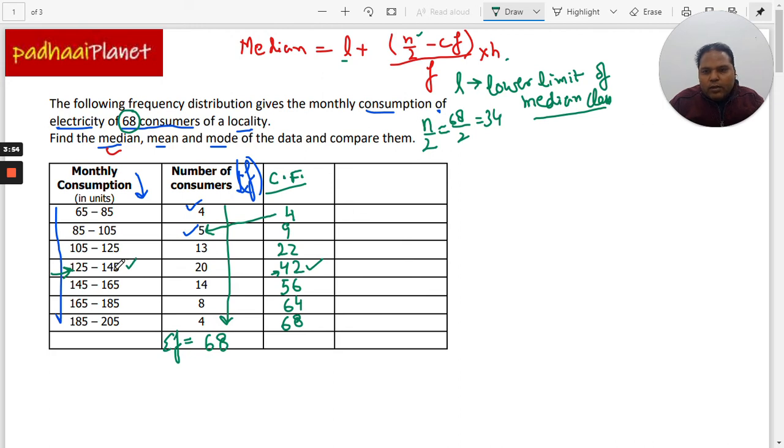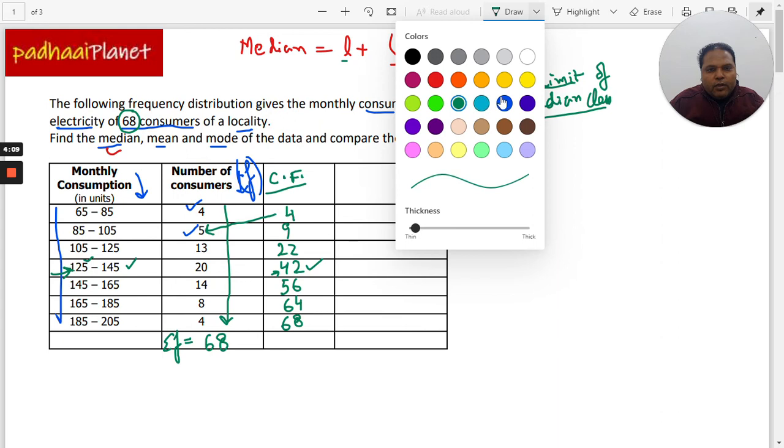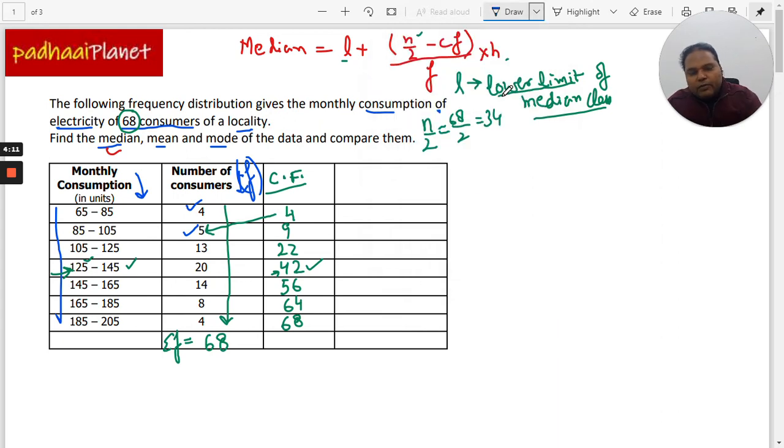Now we need to understand the lower limit of the median class. That means 125 is the value of L. If I start putting the values in the formula, I'll write 125, then n by 2, that means 68 by 2.